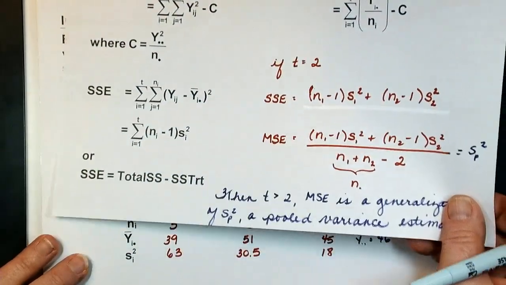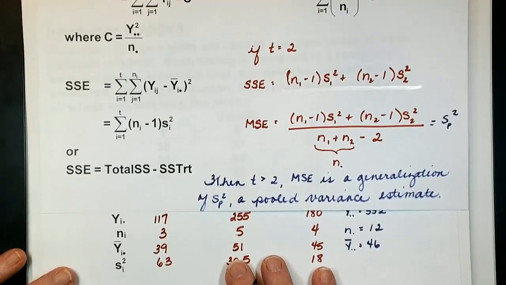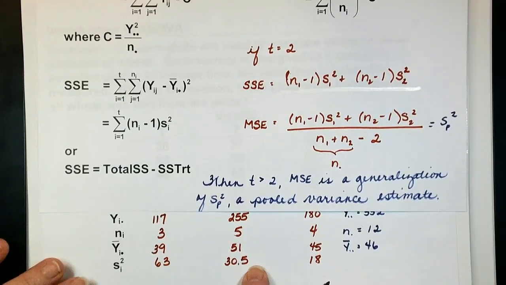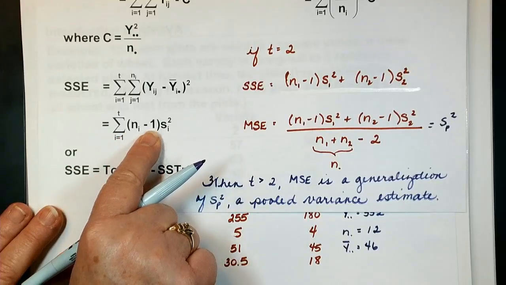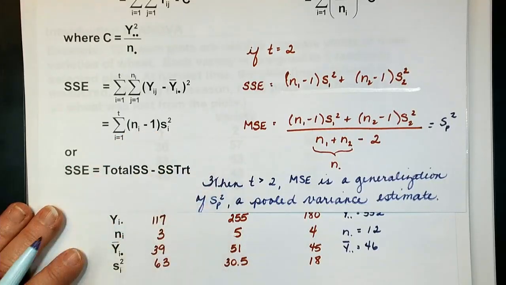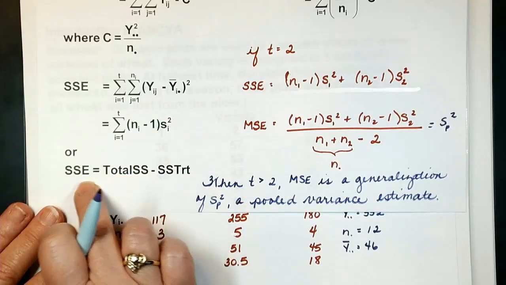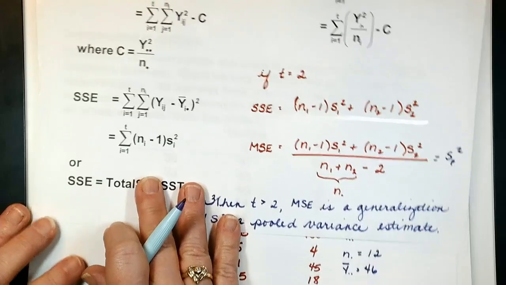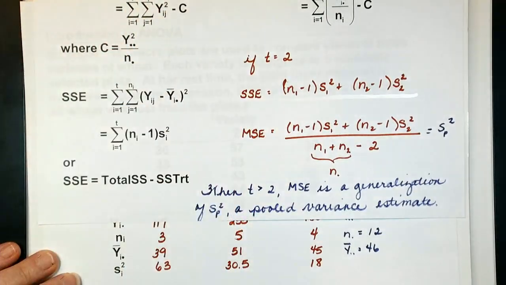Using that information, because you have the variances, actually doing the sum of squares error is the shorter way to go. Your textbook tends to prefer that, or getting it by difference. But to do that, you have to get the total sum of squares, which we can do right at the very top of the screen.